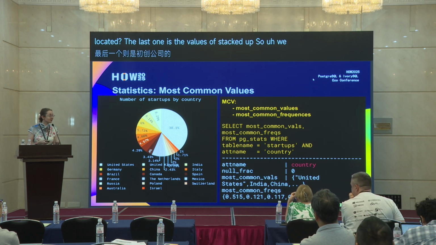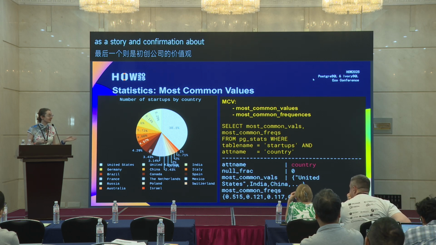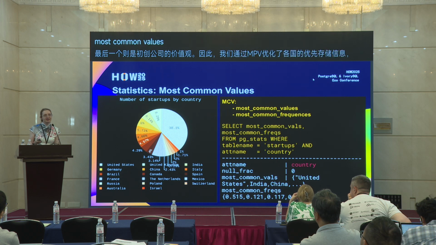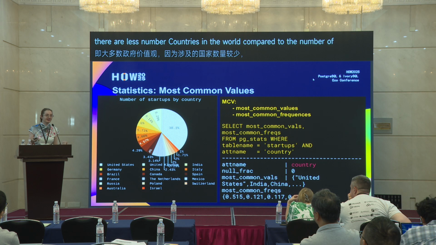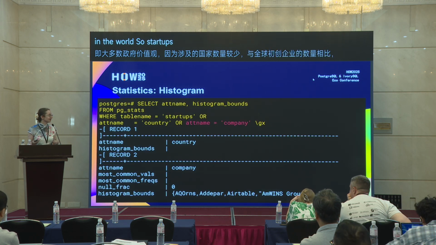The optimizer prefers storing information about countries using MCV, most common values, because there are fewer countries in the world compared to the number of startups in the world. So startup valuations will be stored in a histogram.